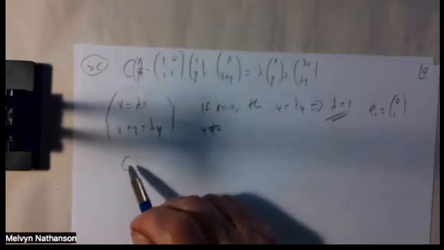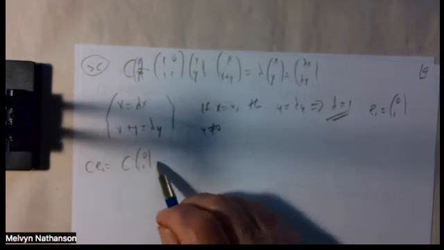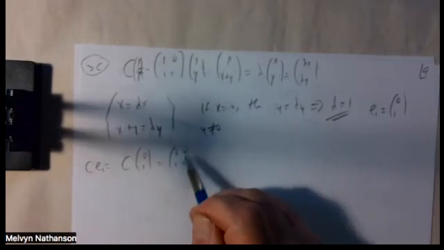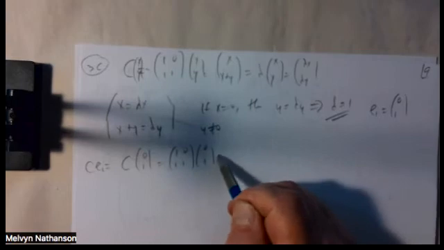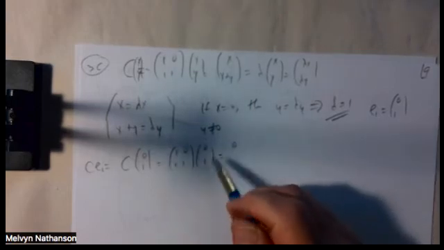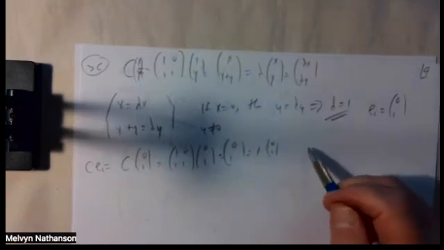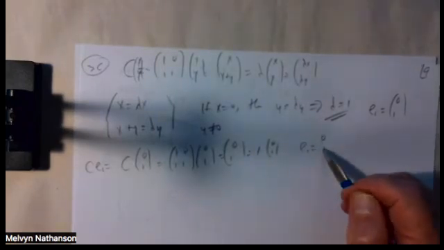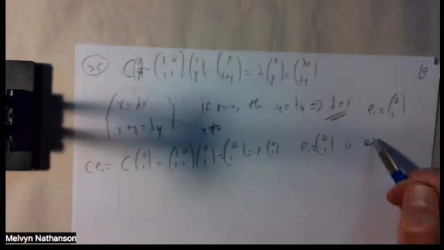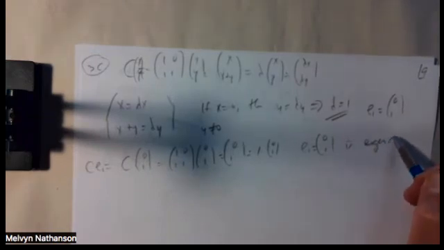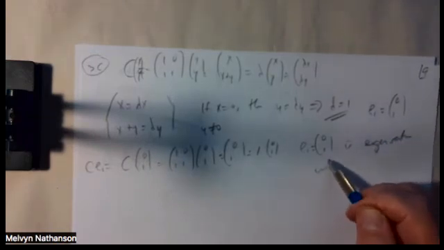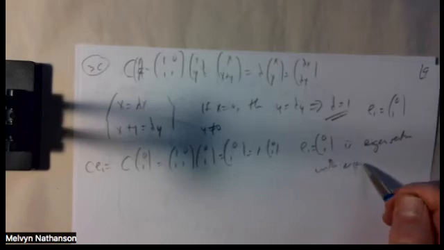Let me just check and see if this works. C applied to the vector E1, 0, 1, is 1, 0, 1, 1 applied to 0, 1. That's equal to 0, 1, or 1 times 0, 1. So E1 equal 0, 1 is an eigenvector for the eigenvalue 1.